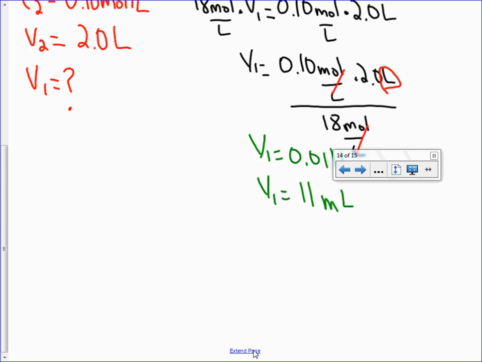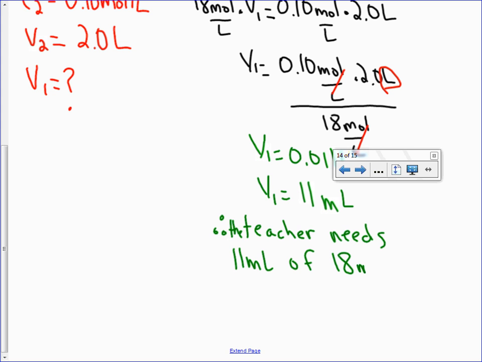So what that tells us is that the teacher needs 11 milliliters of the 18 mole per liter sulfuric acid.